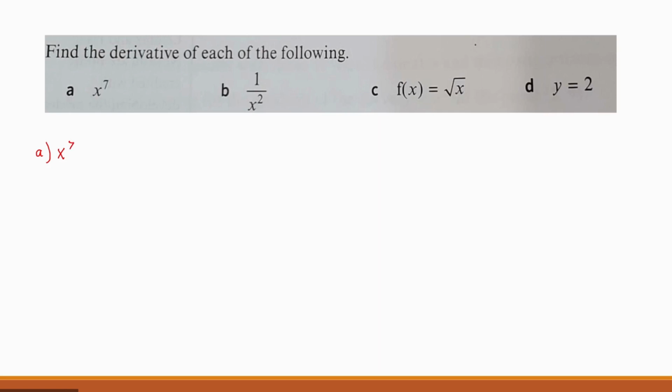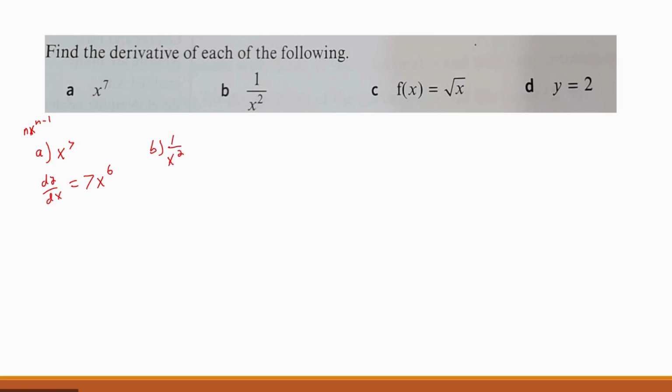Let me just write the rule over here: n x to the power of n minus 1. So dy over dx is equal to 7x raised to the power of 6, just following that basic rule. Now for part b, what we have is 1 over x squared.